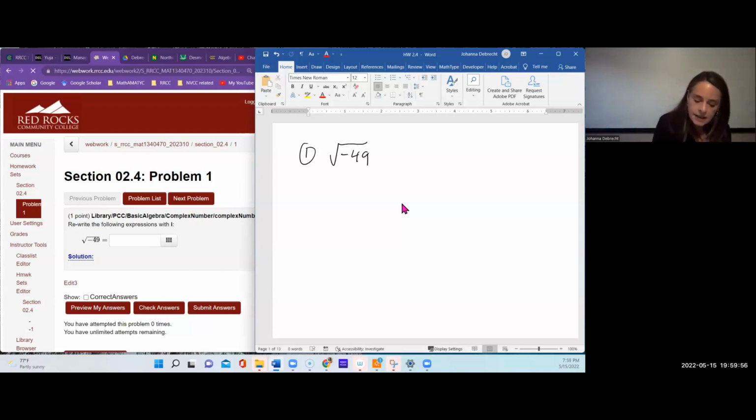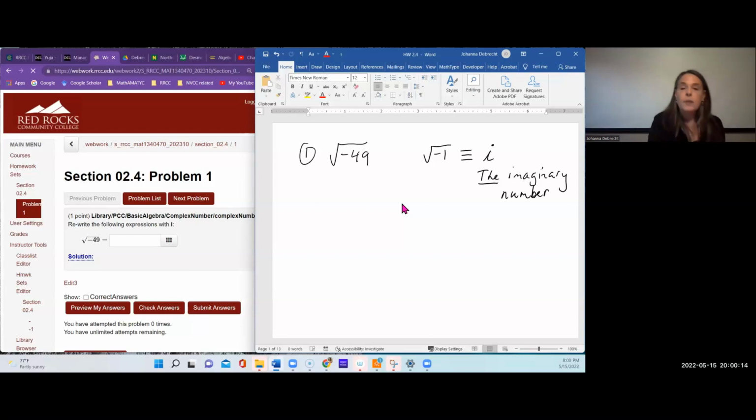Now, what does that mean? We've basically set a definition. A definition is written with a 3-bar equals, and we call this i, the imaginary number. i is the imaginary number because it represents a way of dealing with those numbers whose squares give us negatives.